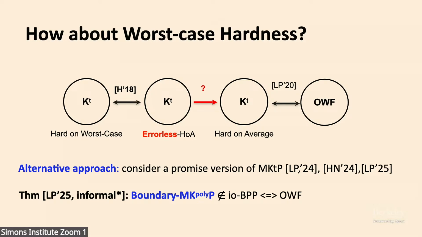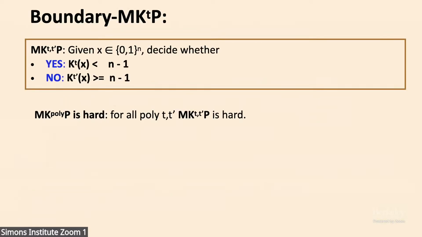So in the upcoming Crypto, we have the following, which I think is a kind of clean version of MKTP. It says the following: let's not look at the full problem, but let's look at a promise version called a boundary version of the problem. Okay, so what's a boundary version of a problem? Again, this is not exactly true. It only holds for the probabilistic version unconditionally, or for the exact one if you have randomization. But let's ignore this point for now.